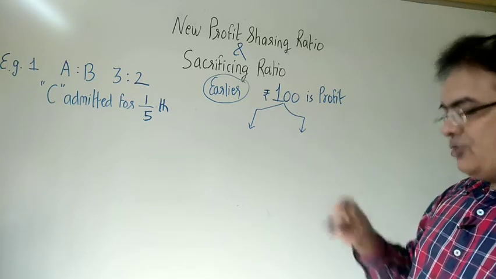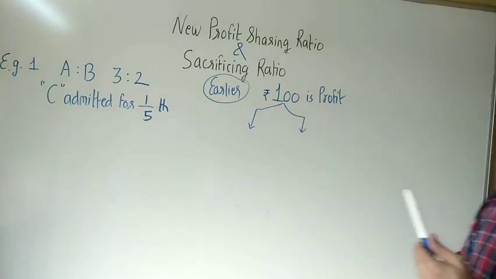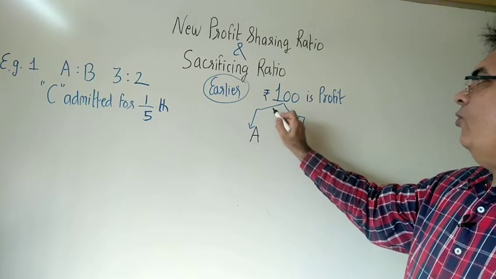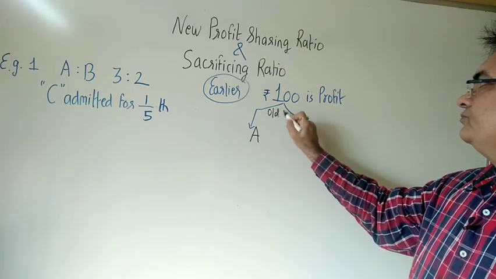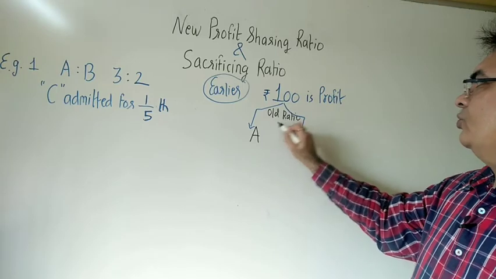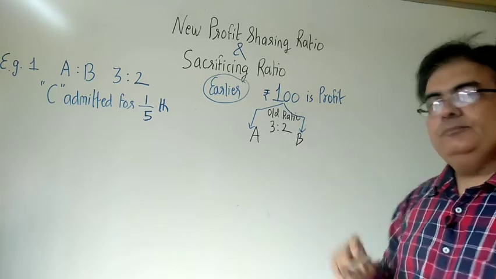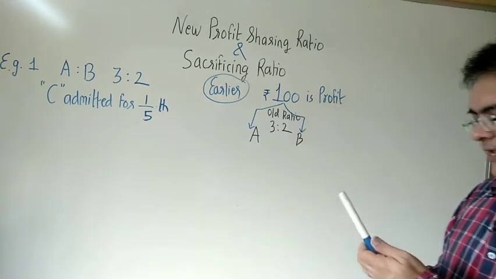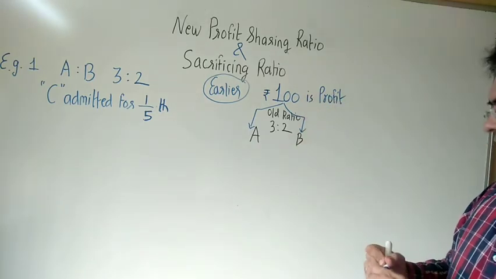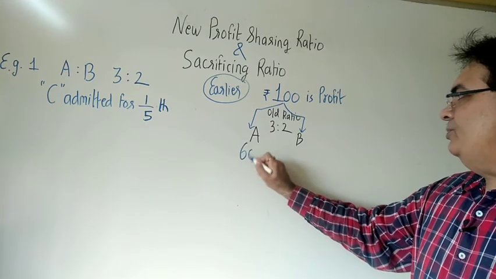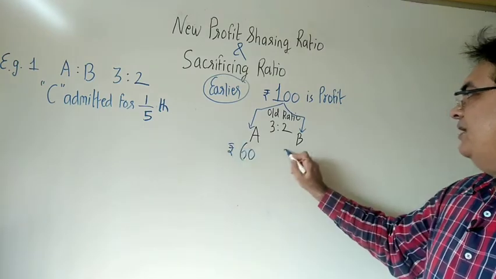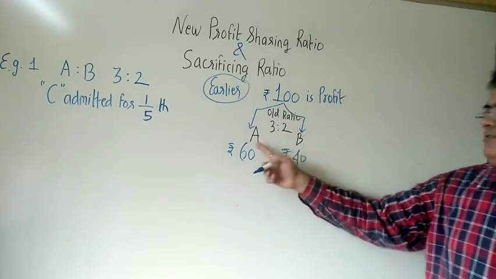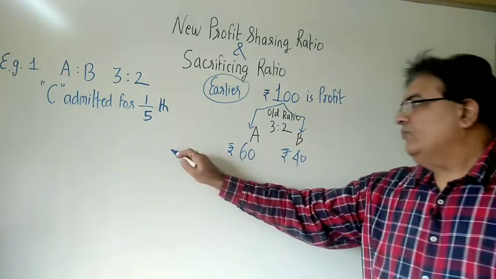It will be distributed to A and B in the old ratio, 3:2. So if 100 rupees we break into 3:2, A will get 60 rupees, B will get 40 rupees. So earlier 100 rupees was divided between A and B.